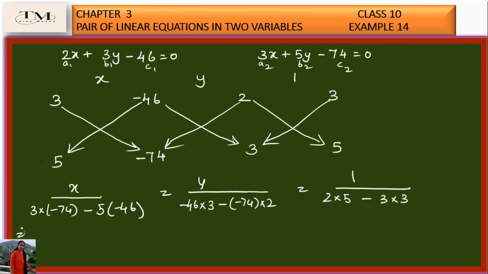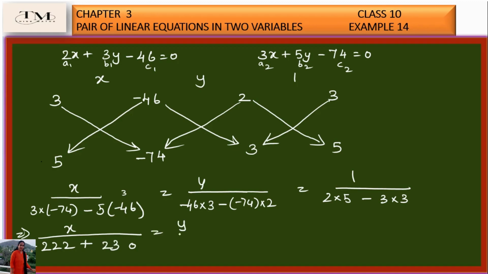So x divided by 3 into minus 74 is minus 222. Here minus into minus will become plus, so 5 into 46: 5 sixes are 30, balance will be 3, 5 fours are 20, 20 plus 3 is 23.